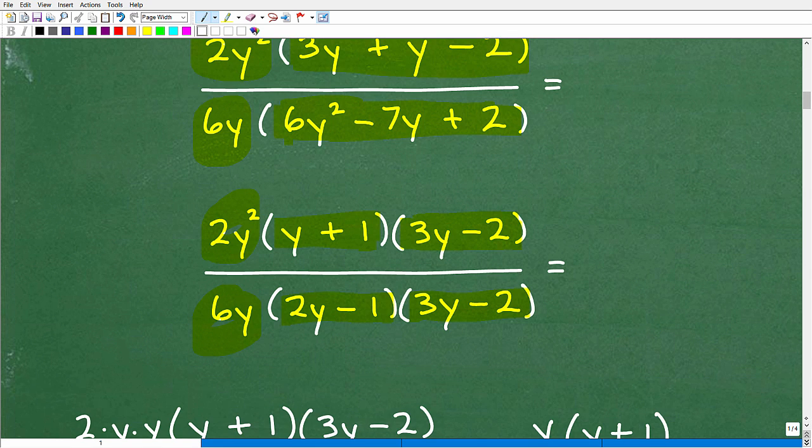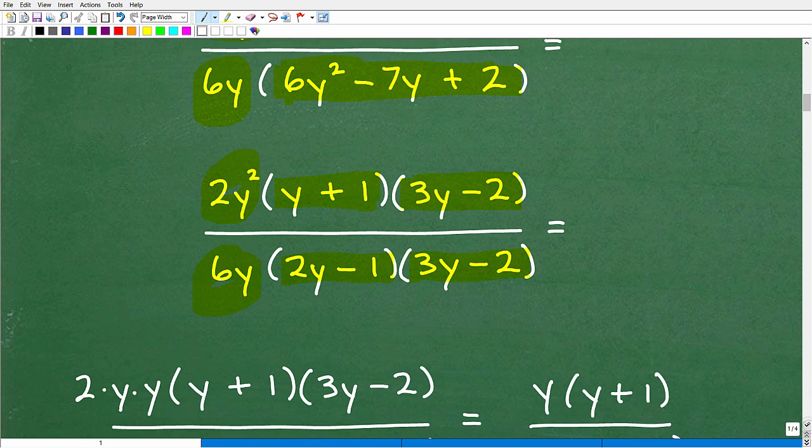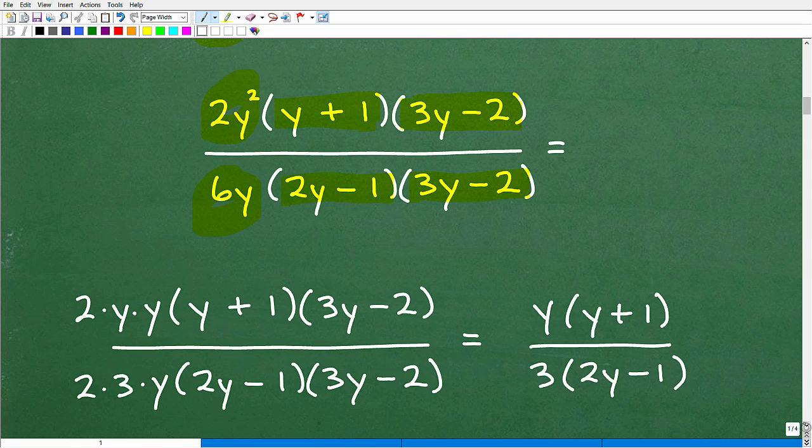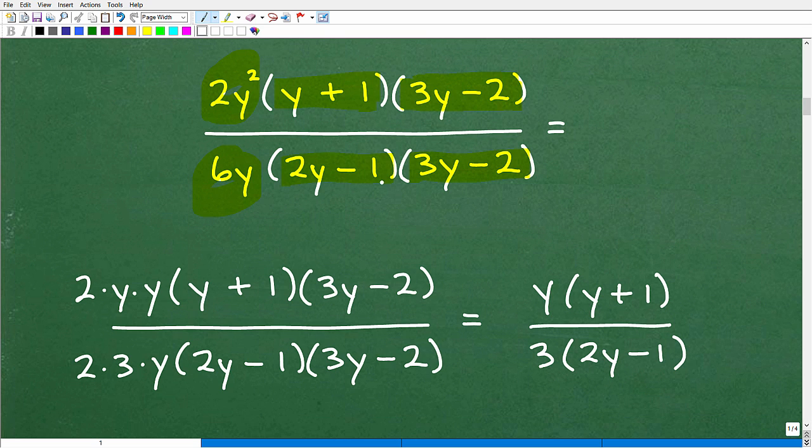Now I can start looking for opportunities to cross cancel. We can see some obvious things here. I'm going to start cross canceling in a second, but let's look at this 2y squared and 6y, and make this even more obvious. 2y squared is the same thing as 2 times y times y, and 6y is the same thing as 2 times 3 times y.